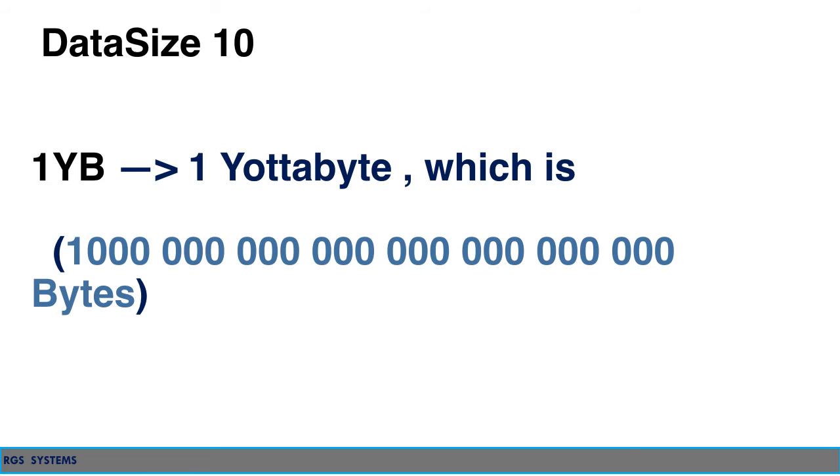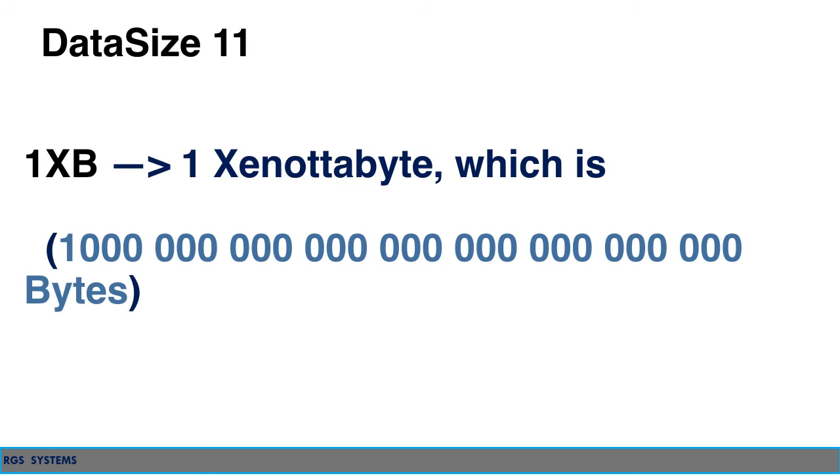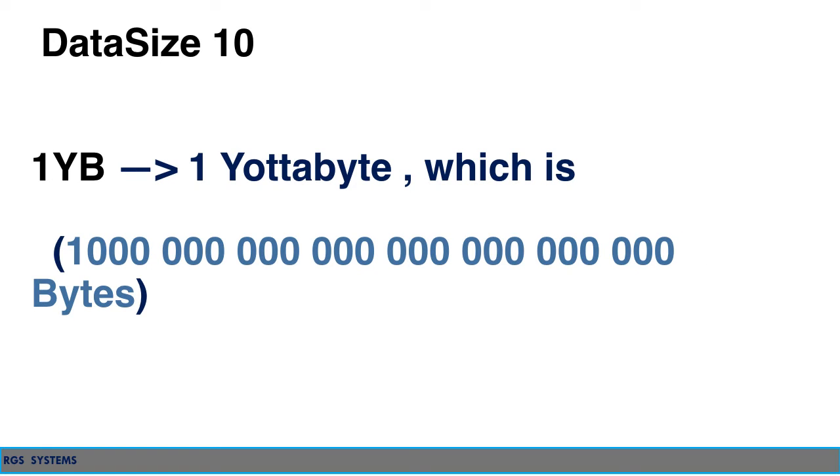Let's count the zeros here. In every slide, when I move from one data size to the next, you add 3 more zeros, which is every 1000.